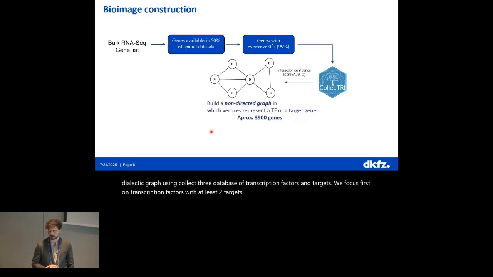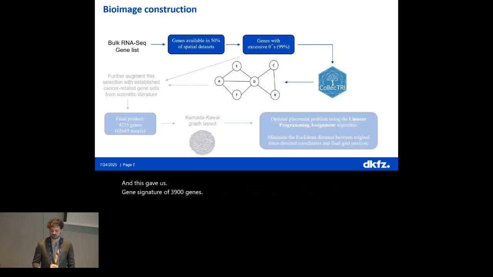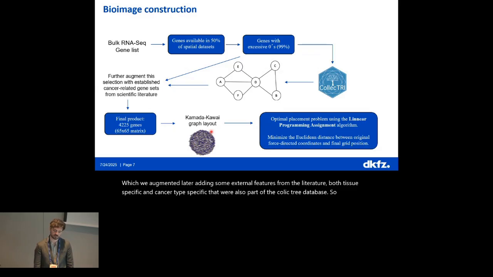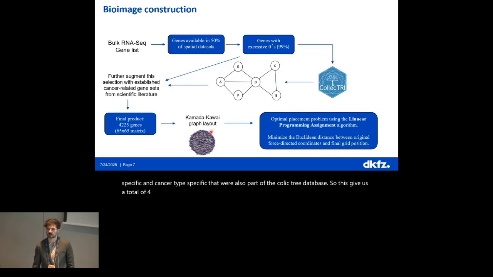And this gave us a gene signature of 3,900 genes, which we augmented later, adding some external features from the literature, both tissue-specific and cancer type-specific, that were also part of the CollecTRI database. So this gave us a total of 4,225, which conveniently can be transformed into a 65 by 65 matrix.